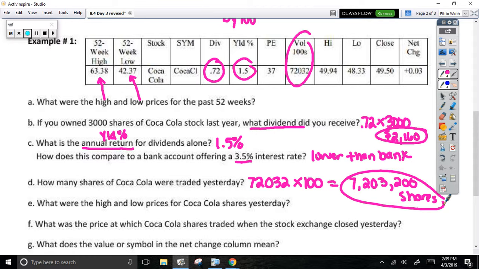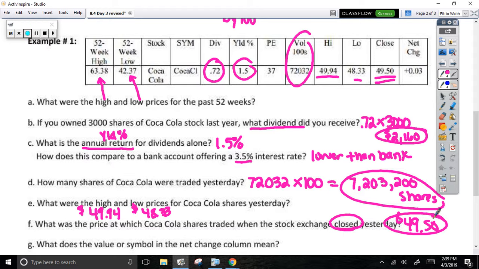What were the high and low prices from yesterday? You can see that those are right up at the top. $49.94 and $48.33. What was the price at which Coca-Cola shares traded when the stock exchange closed? That would be your closing price, $49.50 per share.